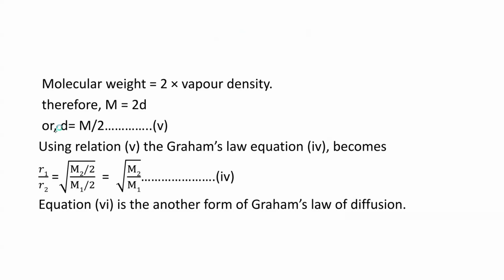So at the end, we have R1 all over R2 is equal to the square root of M2 all over M1. This is another formula for calculating our rate of diffusion.